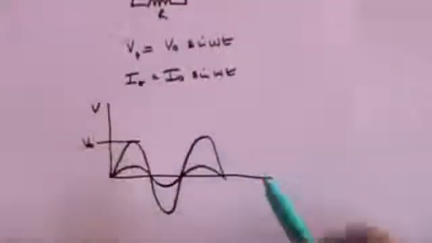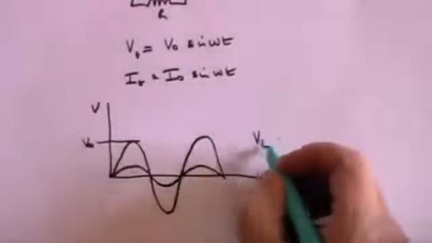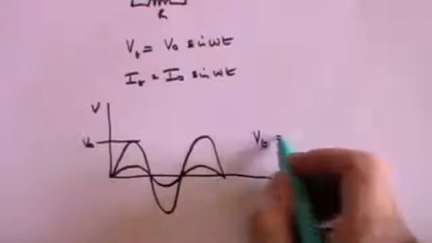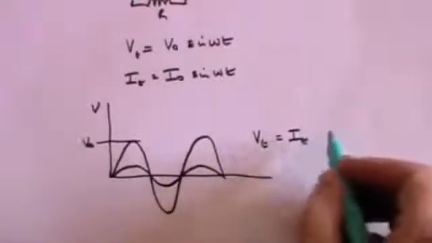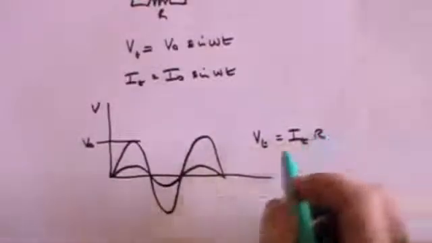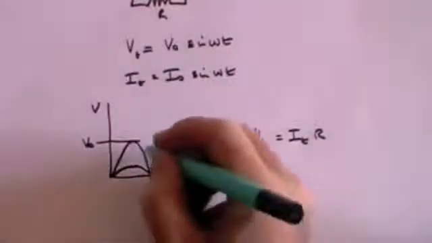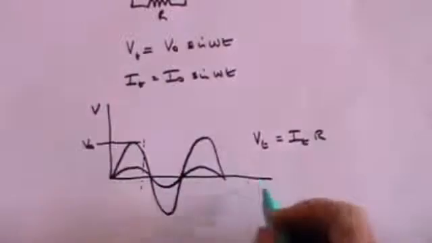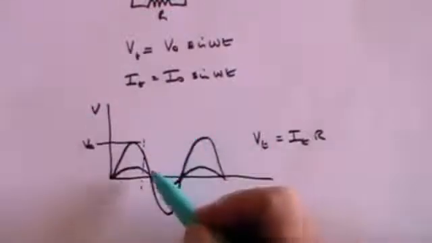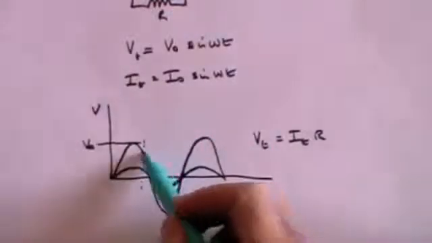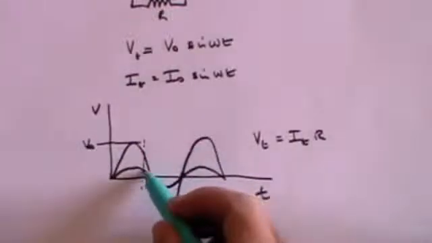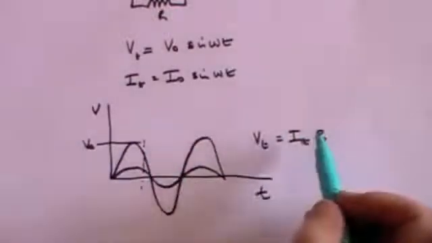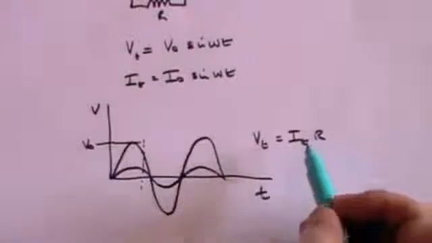And you can also say that V at any particular time t is equal to I at any particular time t times R. So anywhere you choose, if we choose a time, say there, this is time of course, then V at time t is equal to I at time t times the resistance.